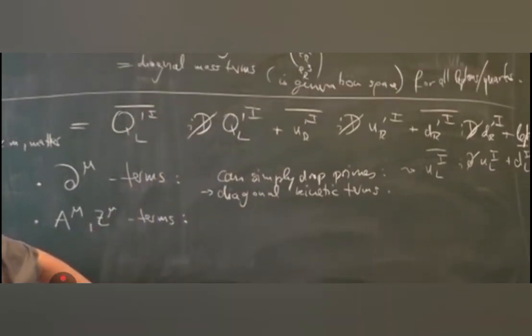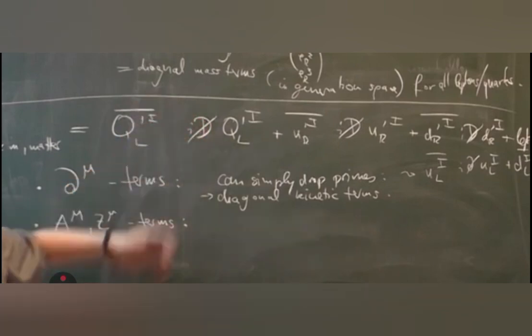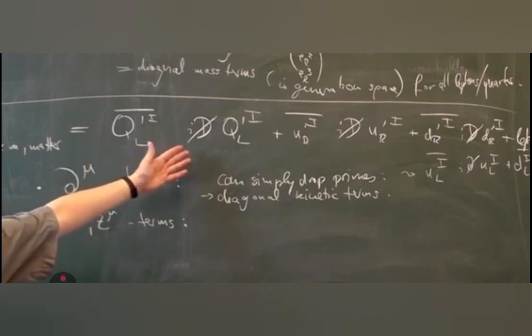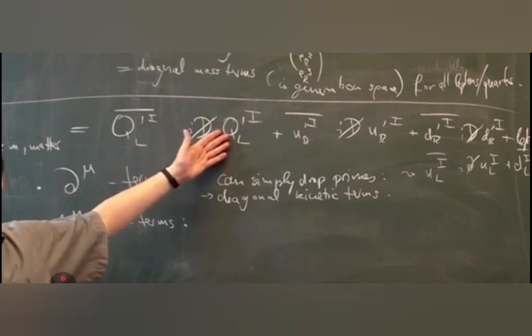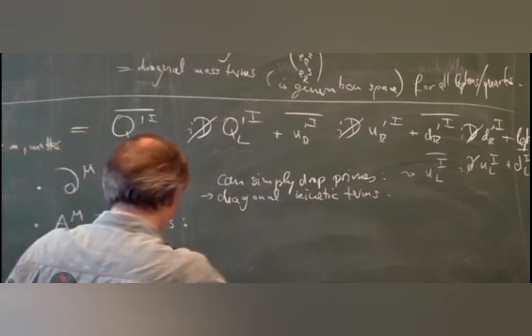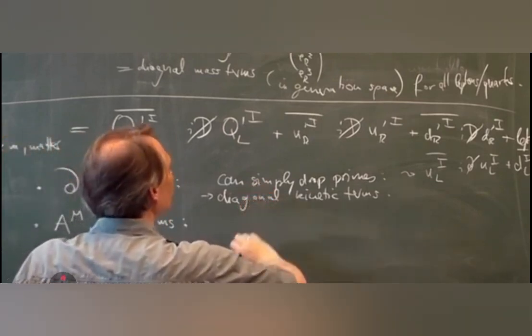If you remember, we evaluated the covariant derivative in terms of those photon and Z fields with their complicated prefactors. But what happens if you look at those terms and then replace the primed fields according to the definition in terms of unprimed fields? So let us do that.